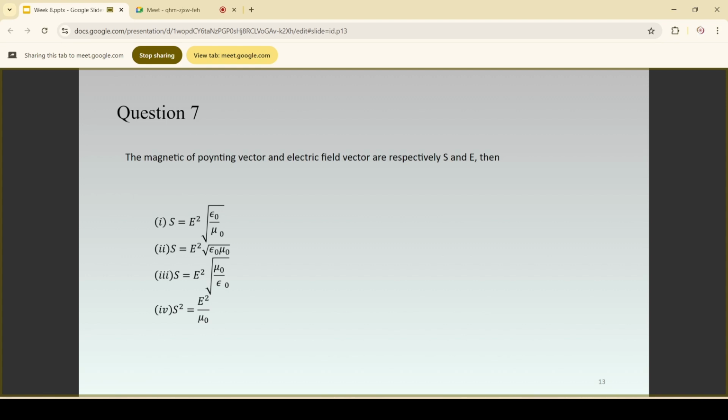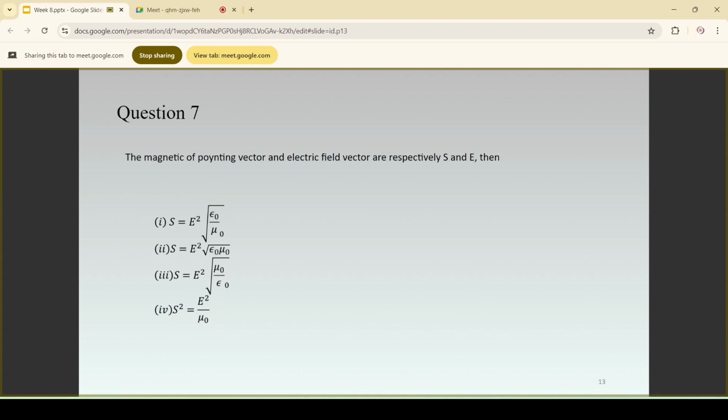But in vacuum, epsilon is epsilon r epsilon naught, and mu is mu r mu naught. For the vacuum condition, what happens? Mu r becomes 1 and epsilon r becomes 1.